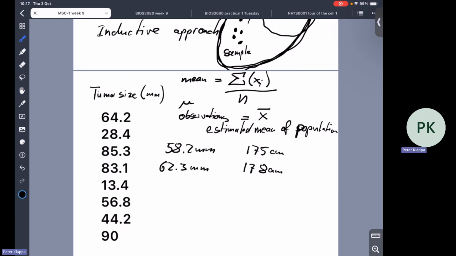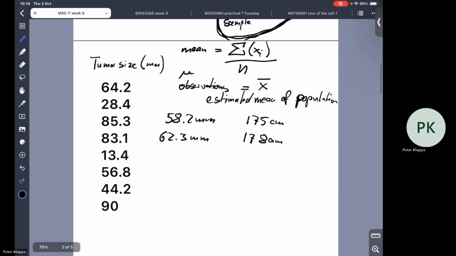Anyone know what this is called? This phenomenon? Huge thing in statistics. It is called the sampling error.